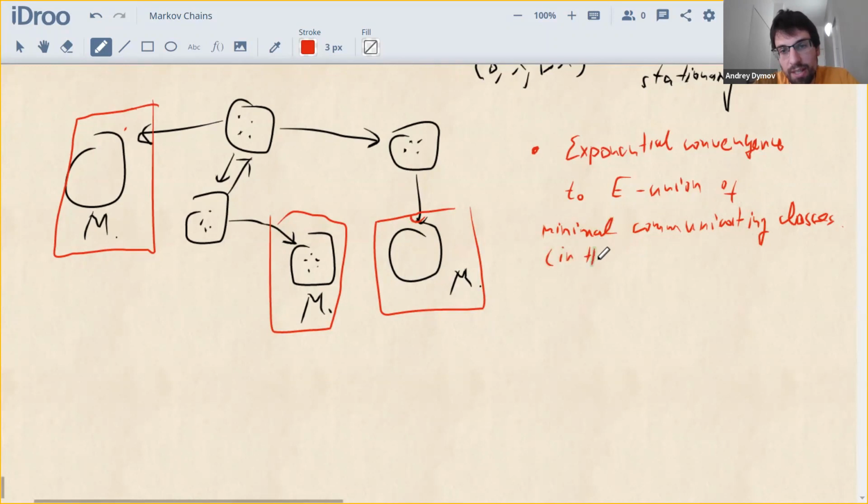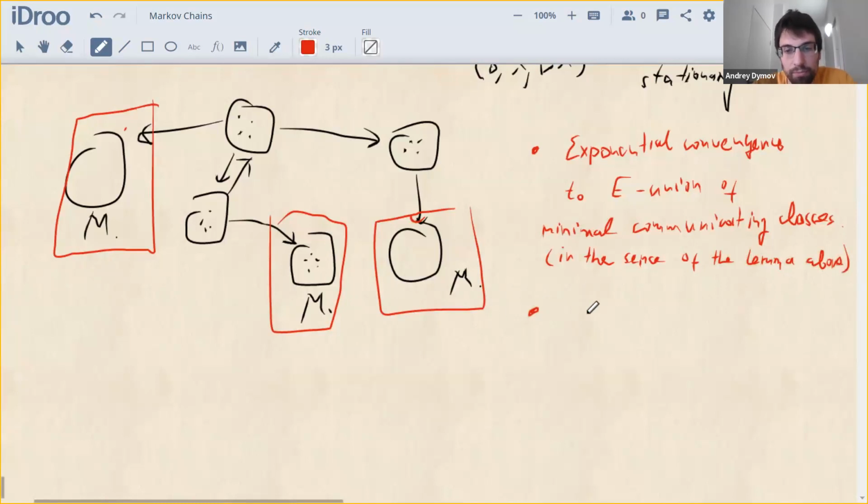In which sense? In the sense of the lemma above.